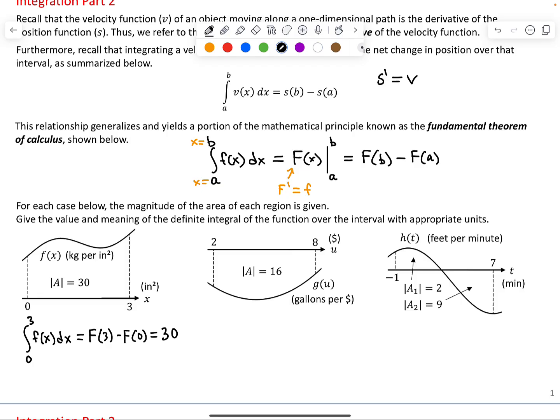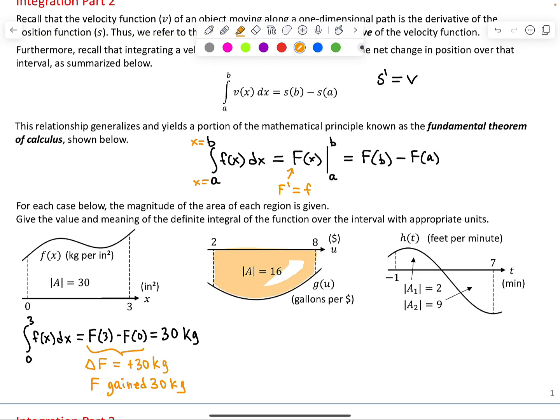The units on this 30 will be the units of the independent variable multiplied with the units of the dependent variable. When we do kilograms per square inch times square inches, we just get kilograms. So F represents some kind of quantity, and delta F, the change in F, is a positive 30 kilograms. Whatever F is measuring, it would be a mass, and it gained 30 kilograms.